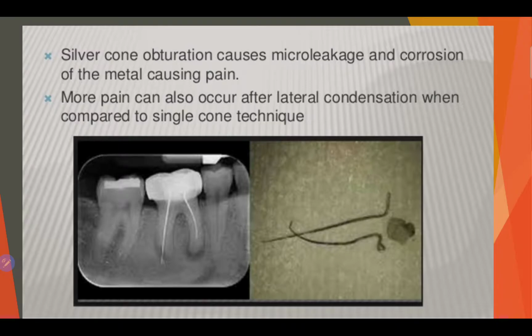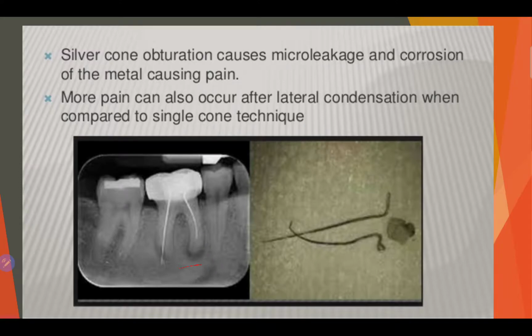So there is microleakage, and the corrosion products cause inflammation and pain. And obviously after the periapical lesion, which you can see here in the x-ray, there is pain. More pain can also occur after lateral condensation when compared to a single cone technique.